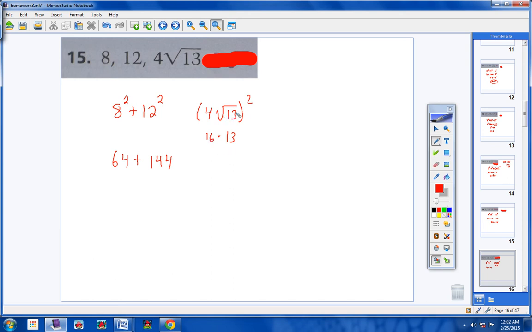And anytime you square a square root, you get the number on the inside. Okay? Now, 16 times 13 equals 208. Now, if you add these two numbers together, you will get 208. Okay? So, again, the left side equals the right side, so we have a right triangle again.